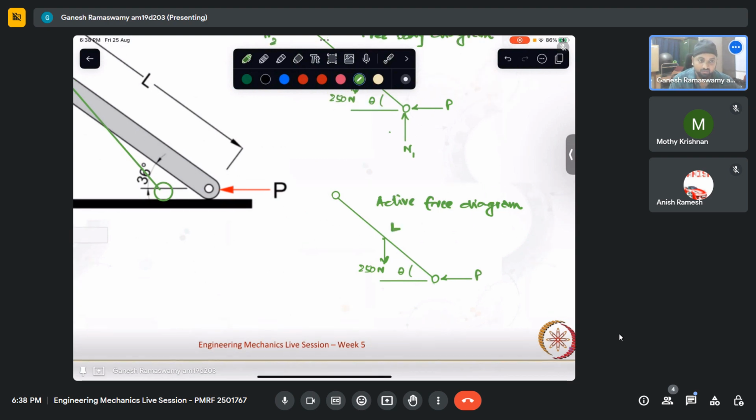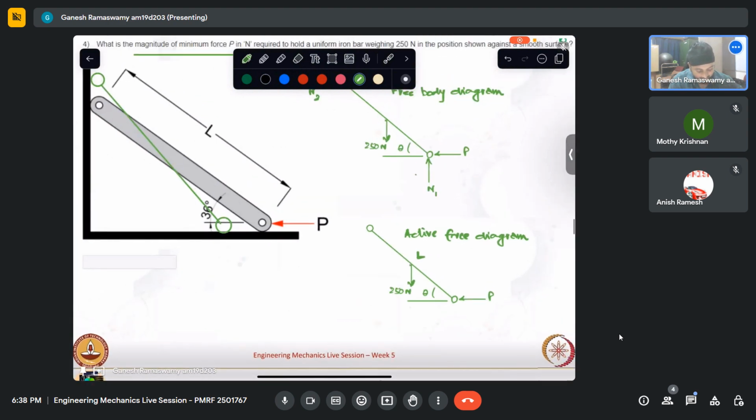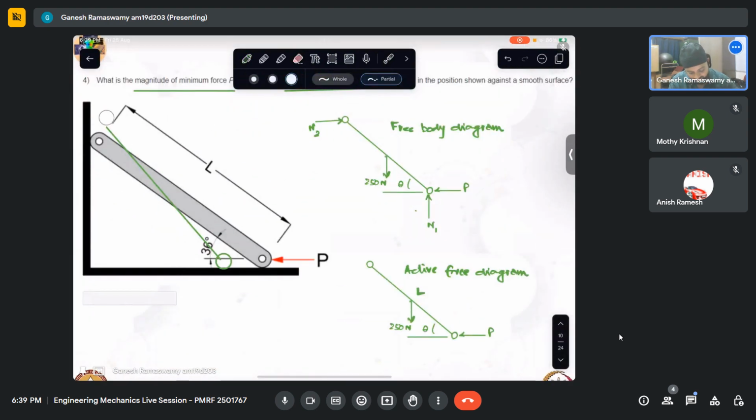Now actually our question asks what is the minimum force to prevent it from falling. So the actual configuration would be something like that. It would have gone here because it is falling, and then my force will be applied like that, and the mass weight which was here would have come here.